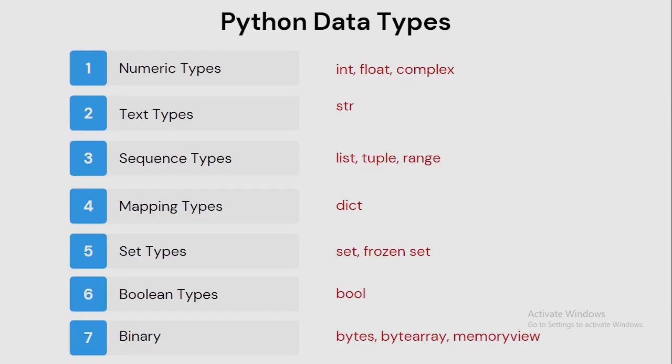Now, as I said earlier, there are so many types in Python, but we are going to look at some of them. We may not make special mention of some in this video, but we'll make mention of them in the subsequent videos.